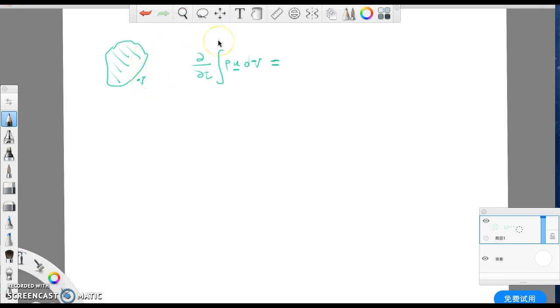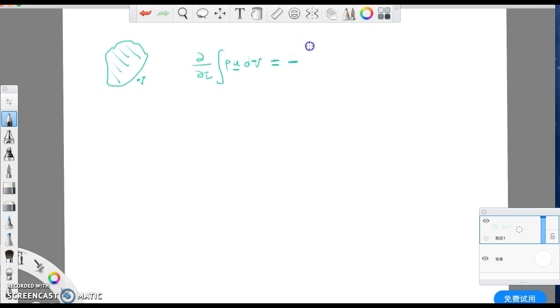So this is the advection term, and that's actually one of the extra terms if you do that from the point of view of a fixed volume. In addition to all the force terms that cause changing momentum inside this volume, we also have a term that is caused by the physical motion of the fluid.